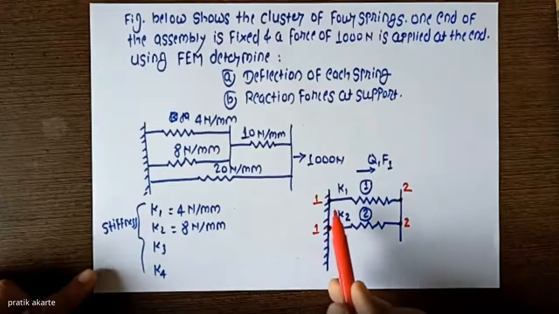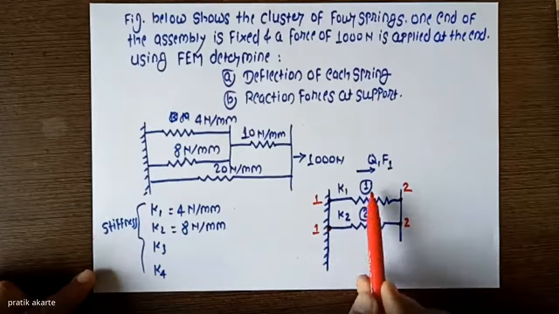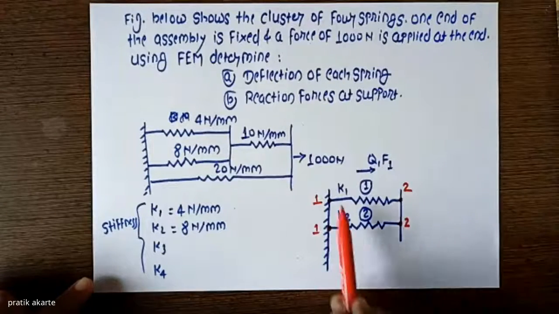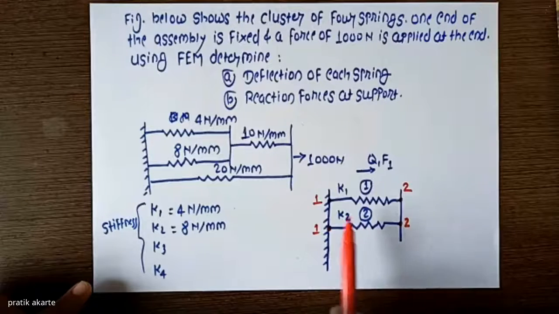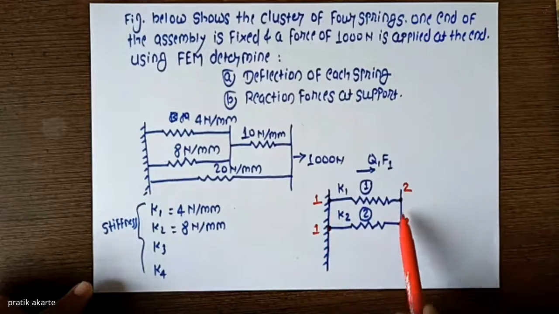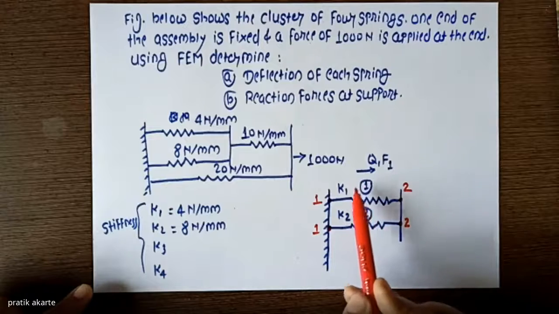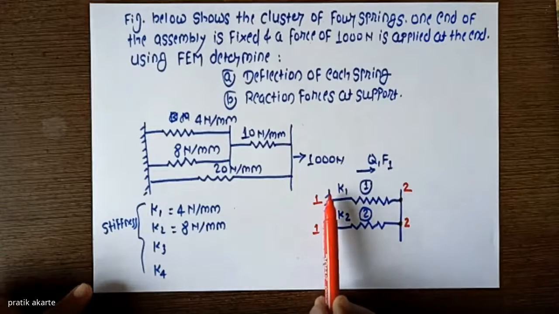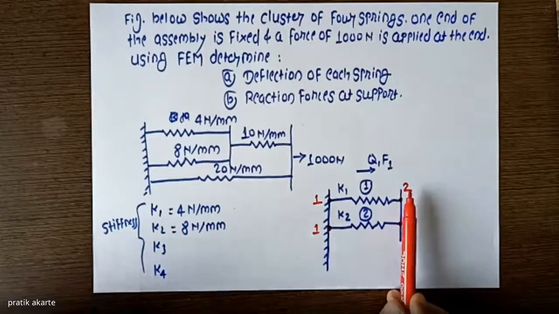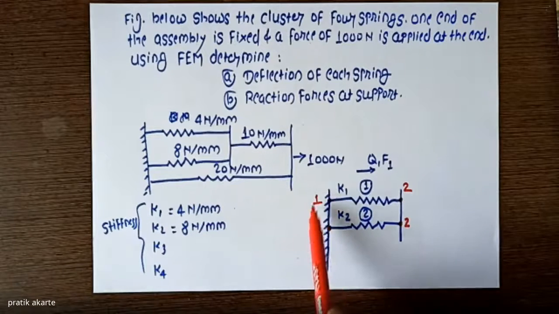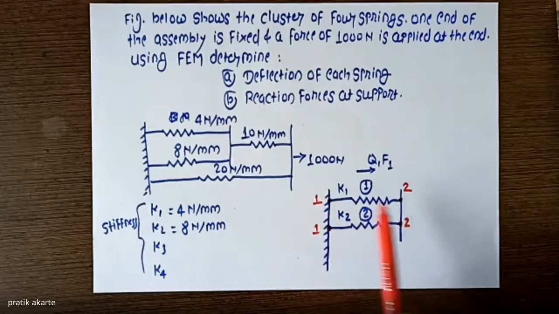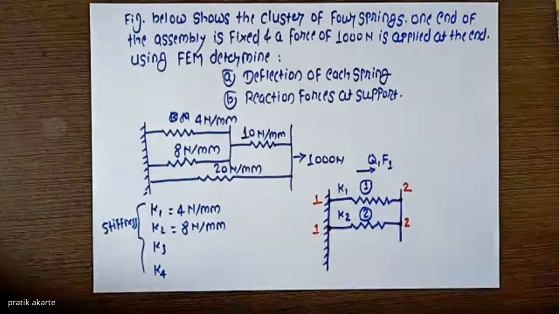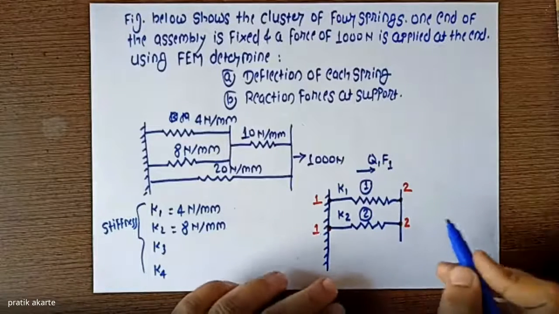Why am I giving the same node numbers? Because element number 1 and element number 2 share common platforms for their connections. If I consider this as one plate and this as another plate, spring 1 and spring 2 are both connected to plate 1 and plate 2. That's why I am giving the node numbers as 1 and 2, although the elements are different. This is the specialty of this kind of problem.